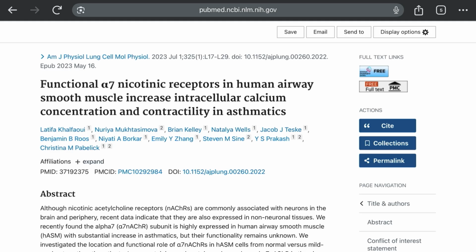They found the expression of this alpha 7 nicotinic receptor in human airway smooth muscles, and they also stated that cigarette smoking or vaping can directly activate this particular nicotinic receptor, and that can increase airway smooth muscle contraction in asthma and COPD. So ultimately, that will cause more bronchoconstriction, right?